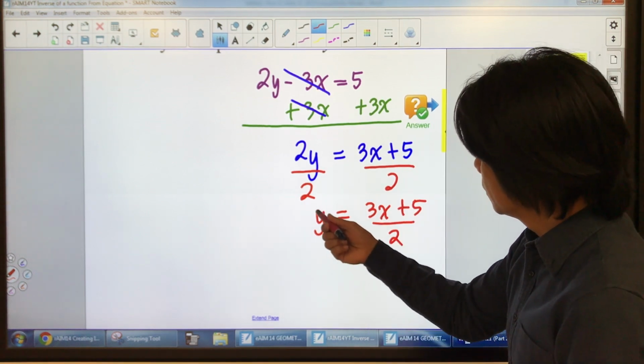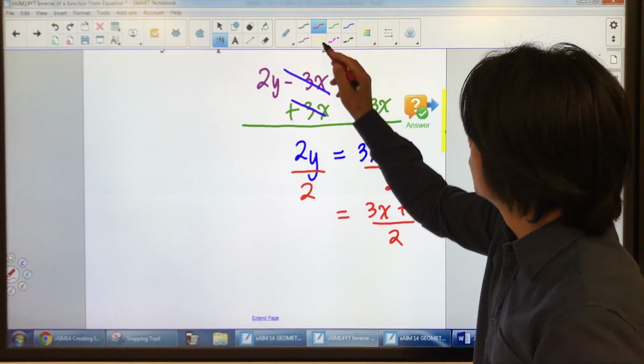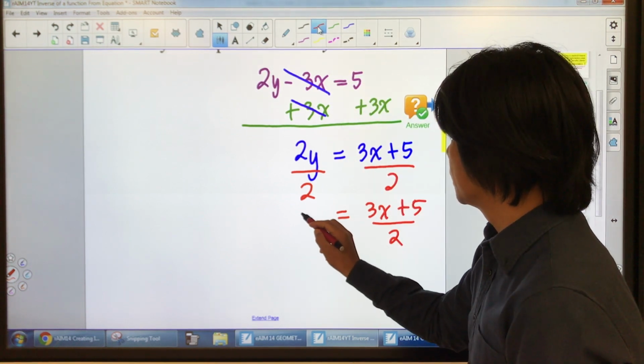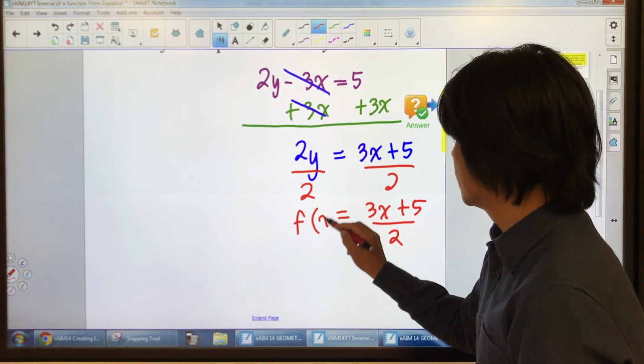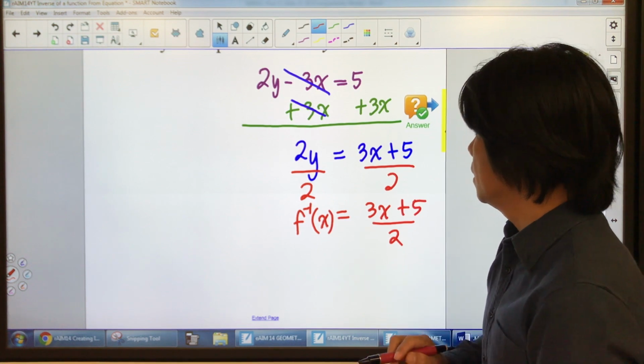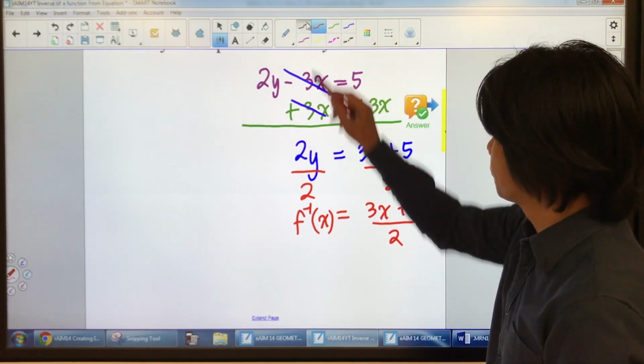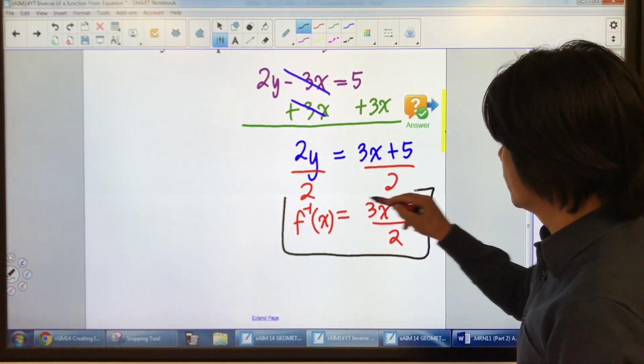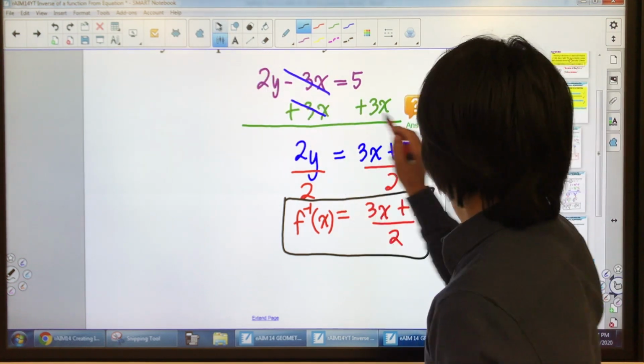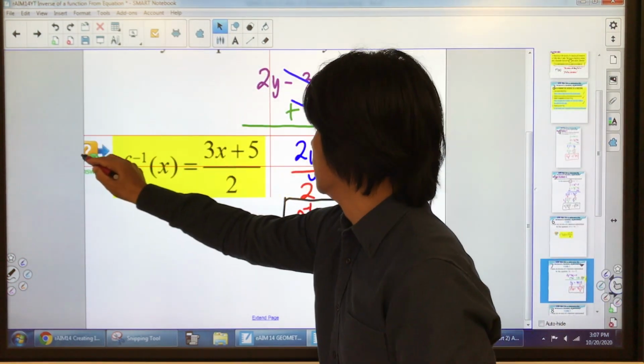And then change that to f of x inverse, or the inverse of f of x. And that is your final answer. And that's basically what we have here.